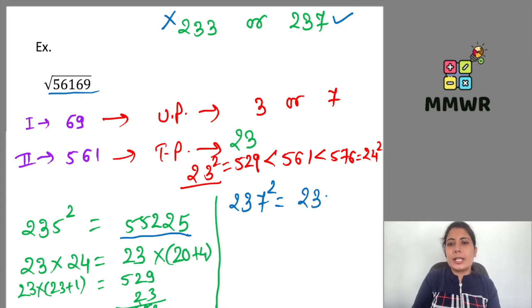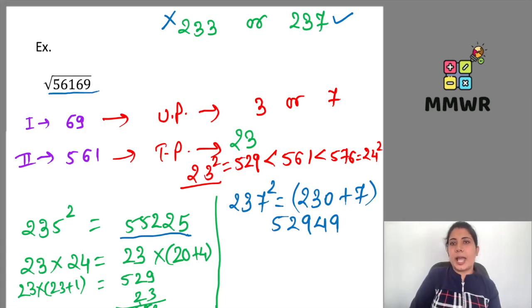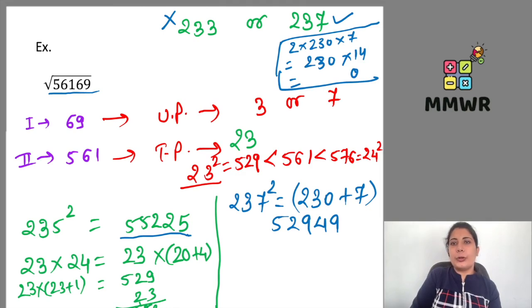For that, I will write it as 230 plus 7. 230 square is 52900. 7 square is 49. For the middle product, 2 multiplied by 230 multiplied by 7 gives me 230 multiplied by 14. 14 3s are 42. Now 14 2s are 28 plus 4, 32.